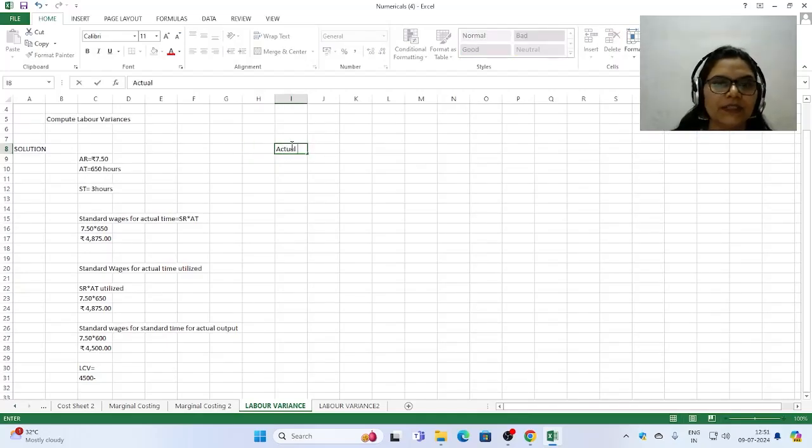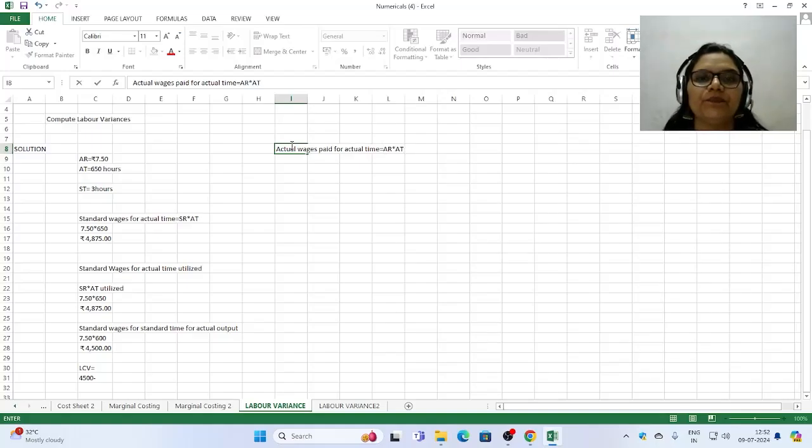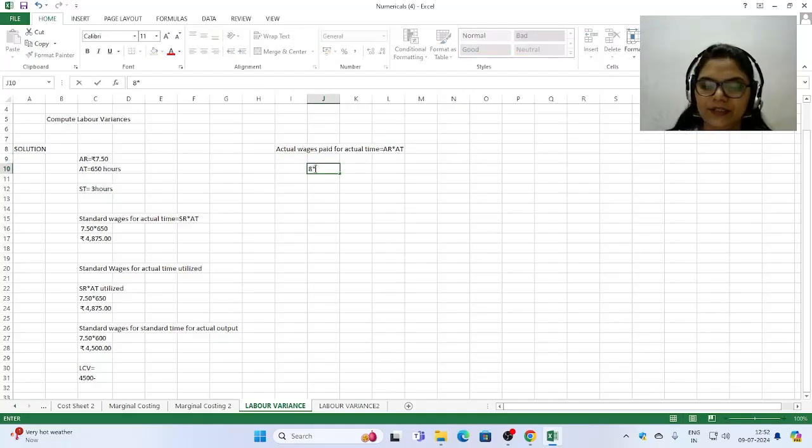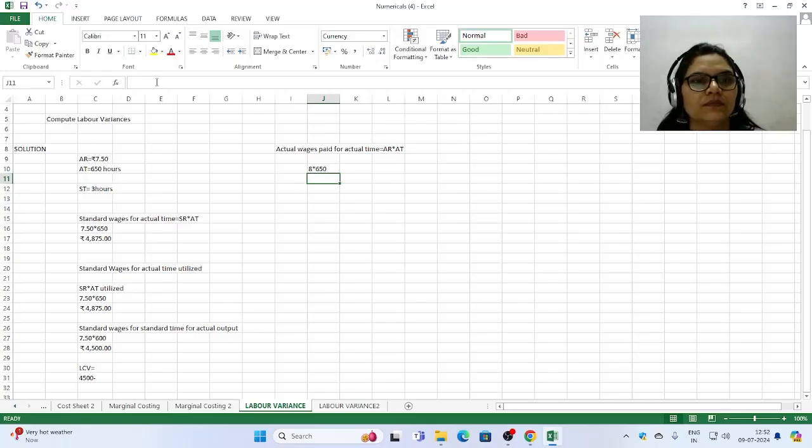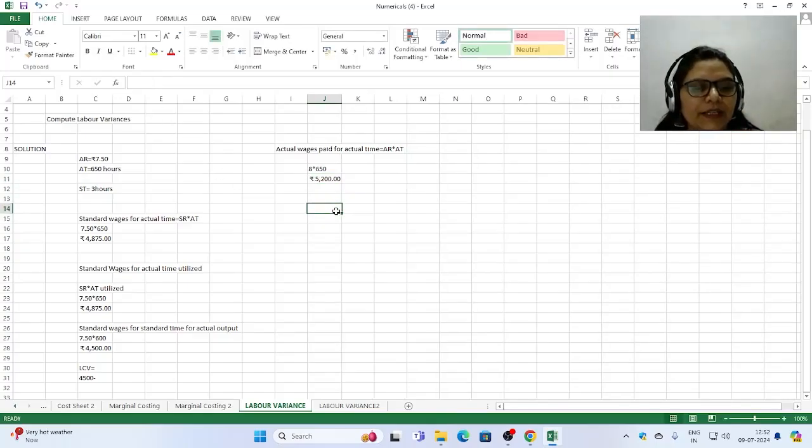Actual rate into actual time is the actual wages paid for actual time. So it will be 8 into 650, which is 5200.